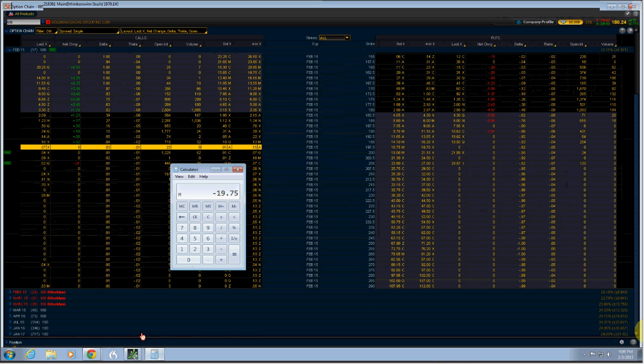So even if it's trading at 0 or 1 cent, what's the premium on it? If it is trading at 0, it's got $19.75 of premium.